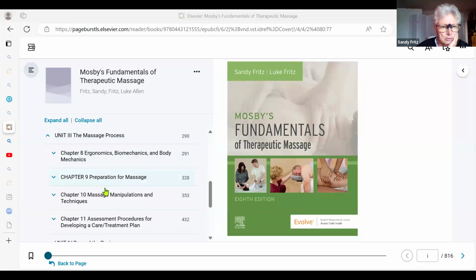When you're going through this chapter, you still need to pay attention, because this is the languaging that is likely to show up on the NBLEX exam. So here we go. Let's go down to chapter 10.